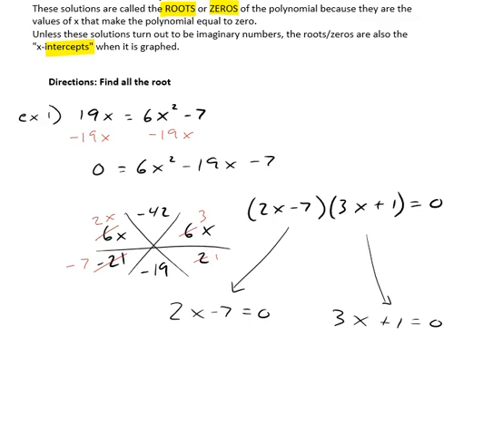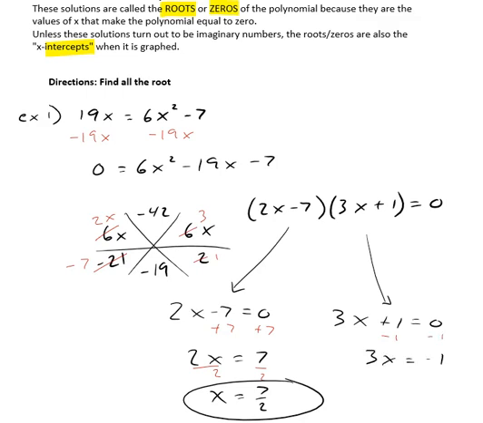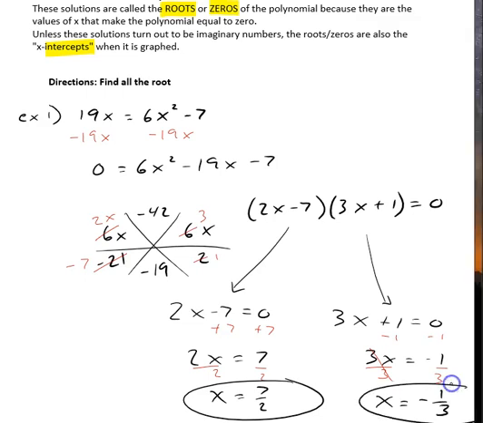Solve the one on the left: add 7, divide by 2, x equals 7 over 2. And the one on the right: subtract the 1, and divide by 3. x equals negative 1/3.